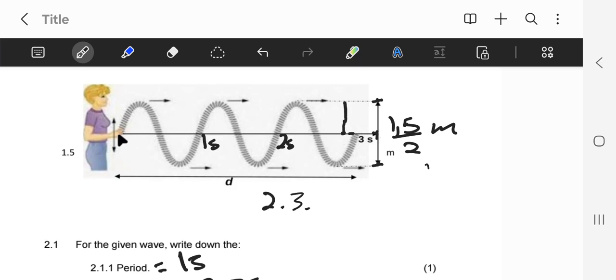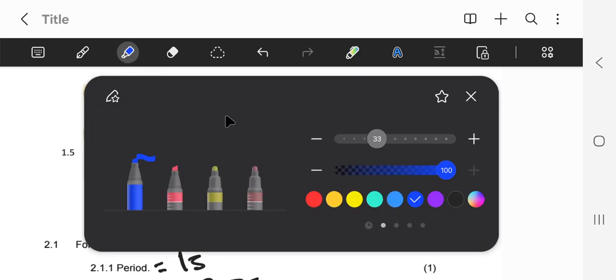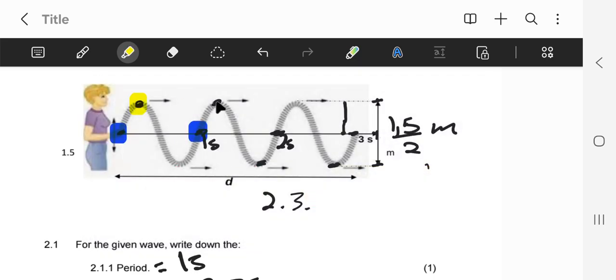And we can find our wavelength from here to here. We can find it here and here. Okay, let me use different colors, in fact. So the wavelength can be here and here. We can also have it here and here.